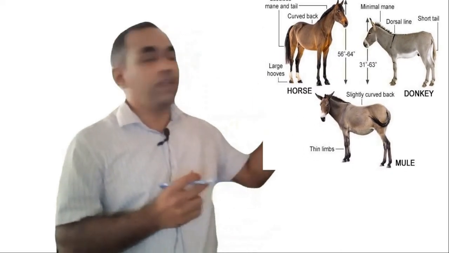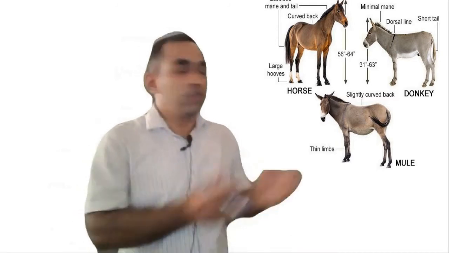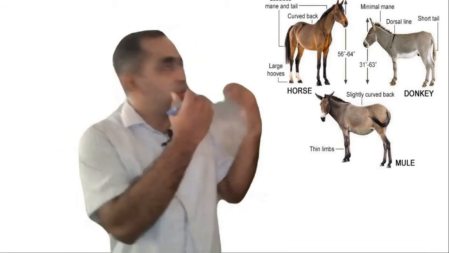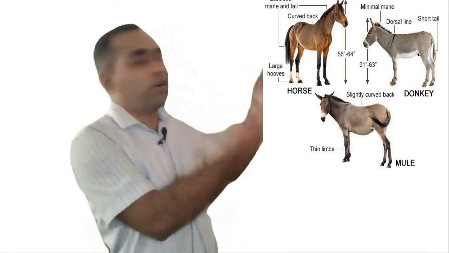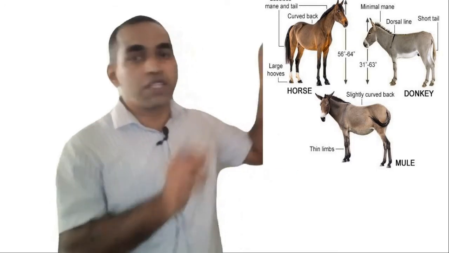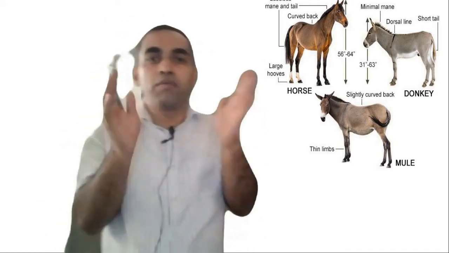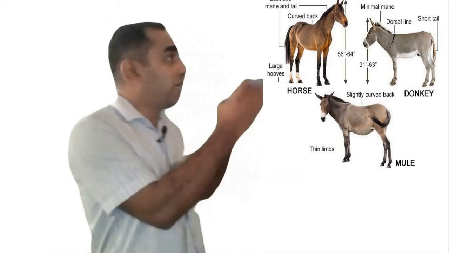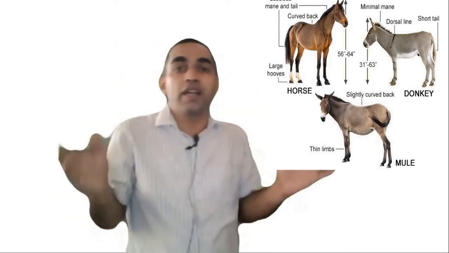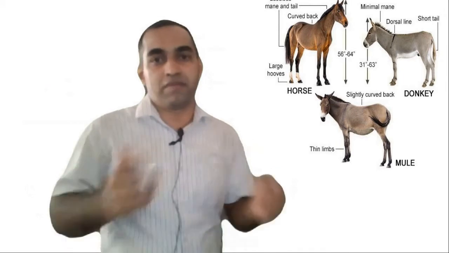By mating these two, you will get a mule, which has the characteristics of both horse and donkey. It receives the athletic characteristic from the horse and the stubborn characteristic from the donkey. Now the resultant mule has the characteristics required for doing better work.